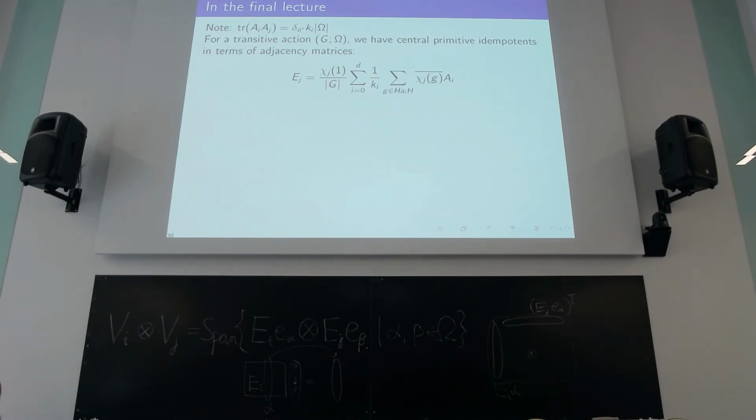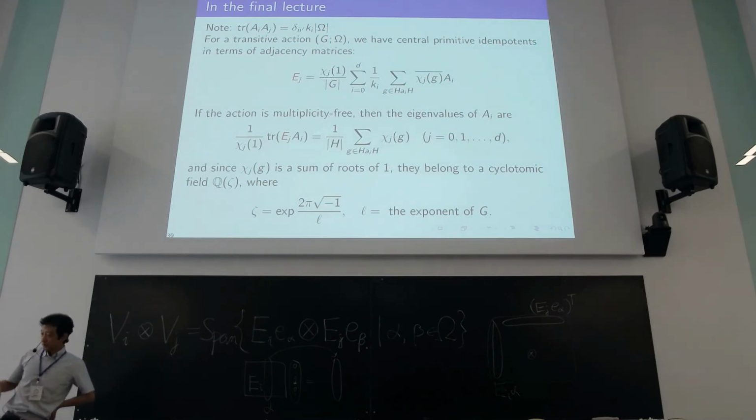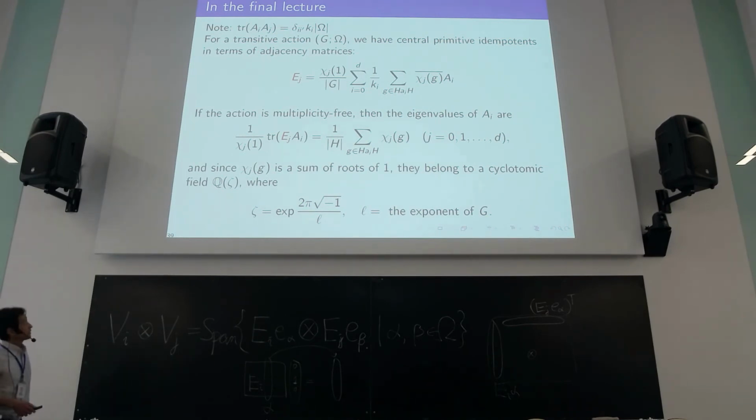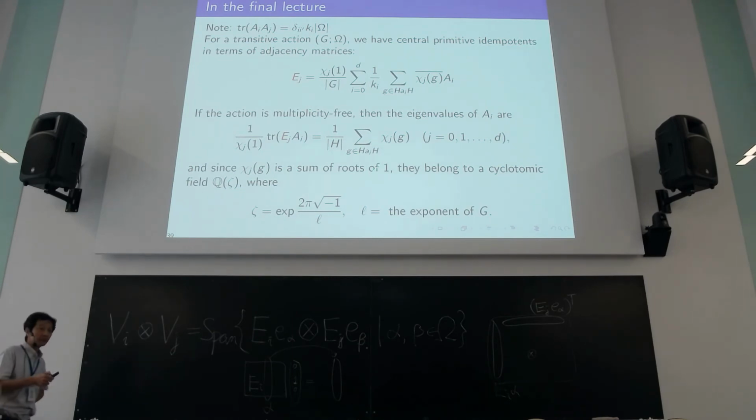So for the transitive action, we have the formula of Curtis and Foster for the primitive idempotents. We have seen this formula over and over, so you kind of know what these central primitive idempotents are. At the end of the sixth lecture, I mentioned that the characters of the finite group, that is the values chi_i(g), are cyclotomic numbers, that is, sums of roots of unity.